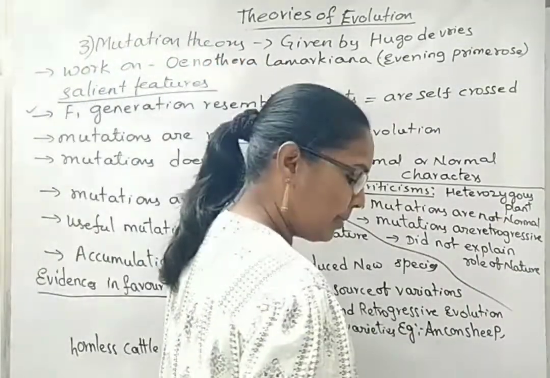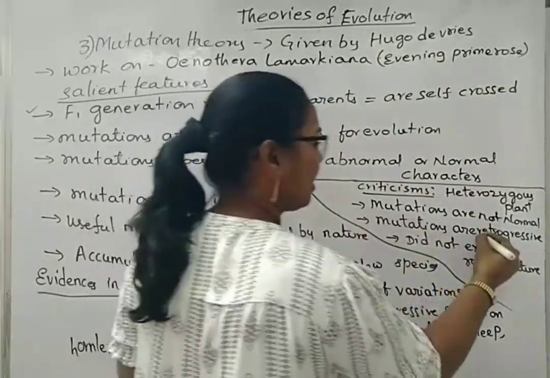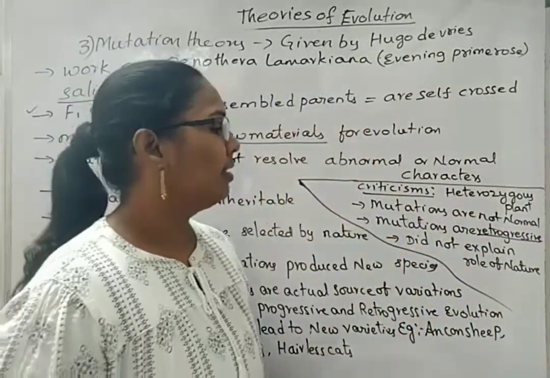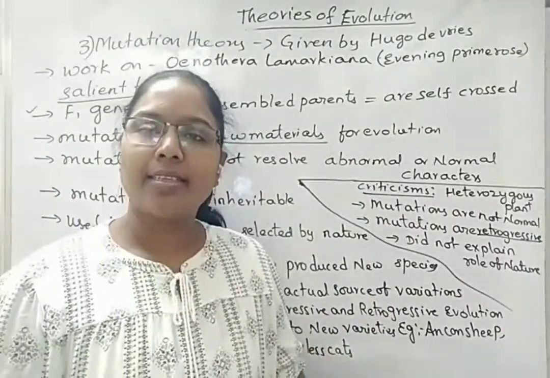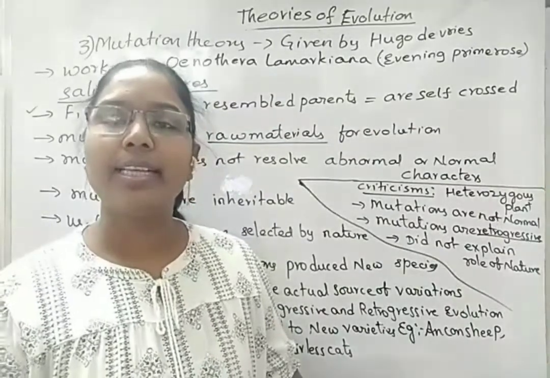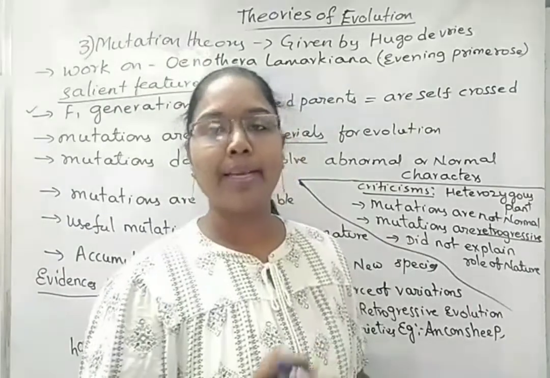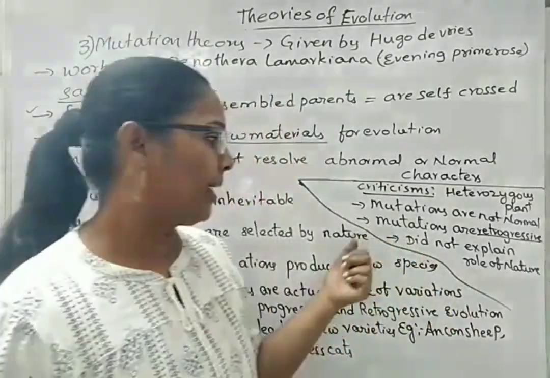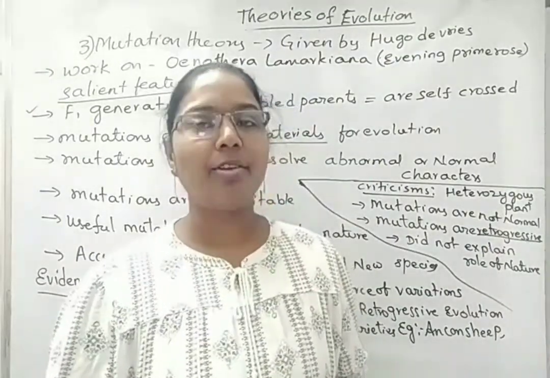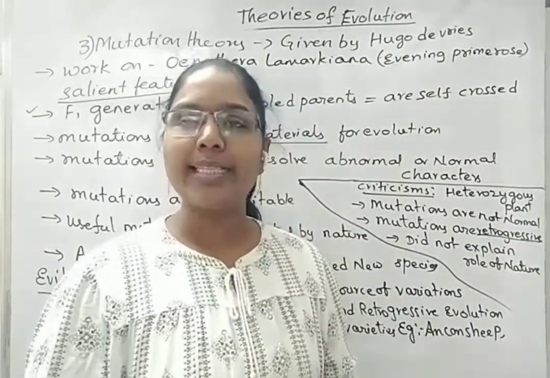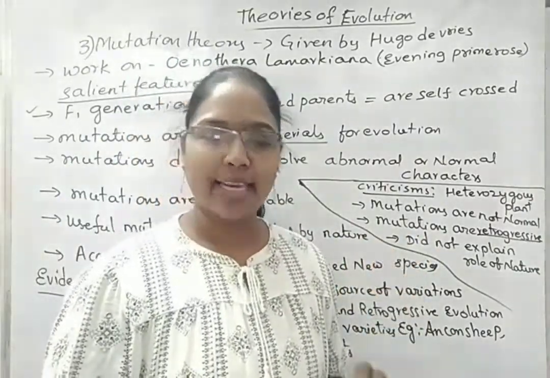So what is the criticism here? Retrogressive means these are considered negative results or negative characters in evolution, and those are removed by nature. But he explained that just as progressive evolution has happened, in the same way retrogressive evolution is also happening, but that was not accepted by later scientists.